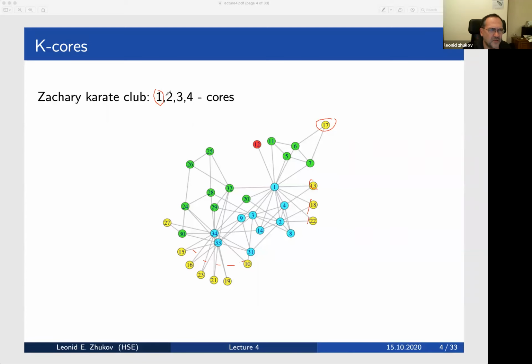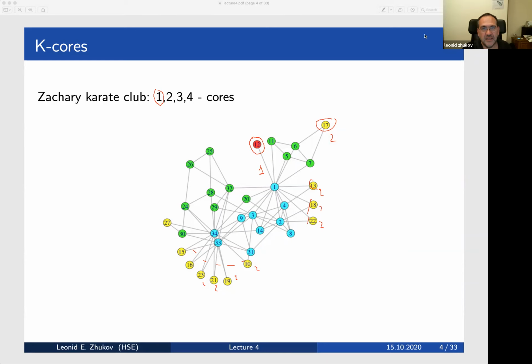Sorry, and the yellow ones are all shell 2, they all have degree 2. And then the green guys are shell 3, and the light blue are shell 4, or core 4 at the same time.